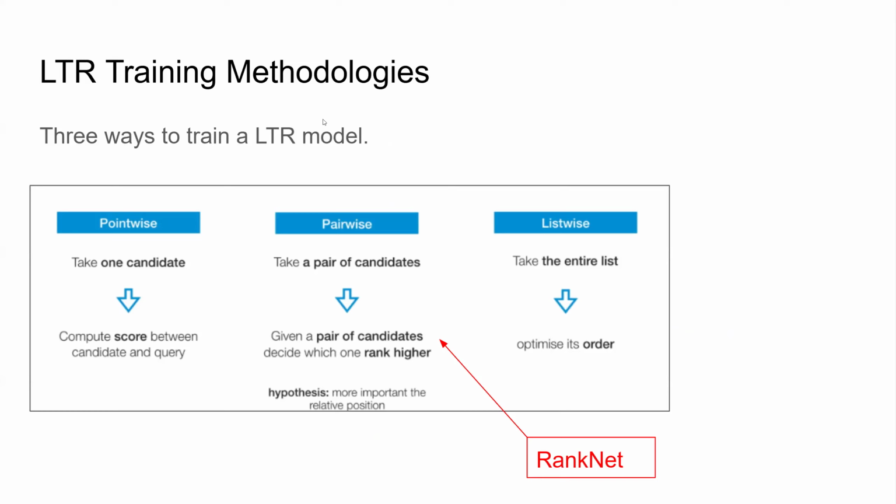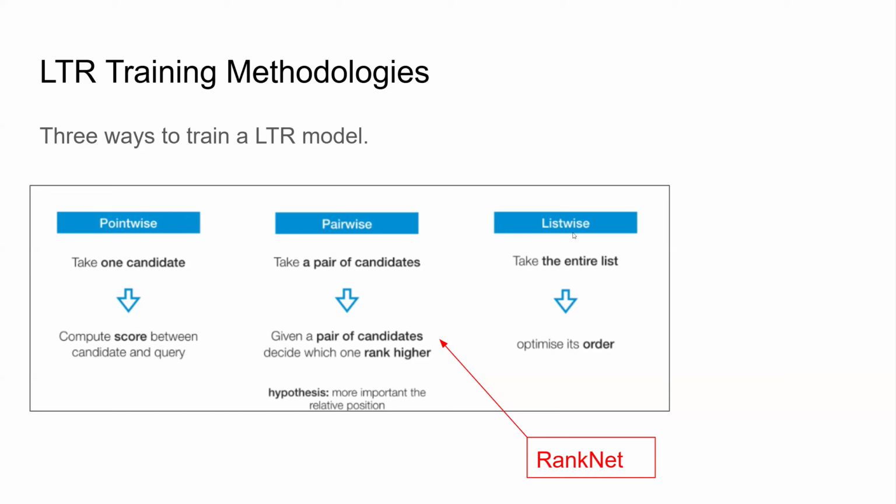The three ways that my LTR model can learn: first is point-wise learning. In this, I take one candidate, which is just one document, and compute the score between the candidate and the query. That's it. Then the pairwise learning methodology: we take a pair of candidates as input, and the model tells which candidate is ranked higher.